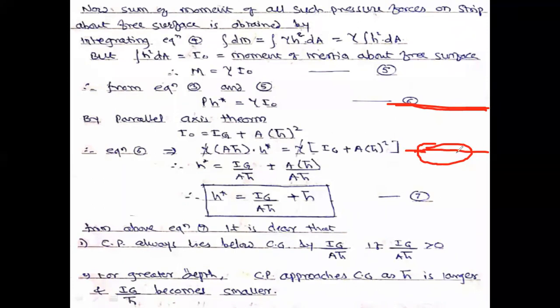Ig is nothing but the moment of inertia at the centroidal axis, plus this distance squared into the cross section area of this object, that is A h bar square. So instead of I0, I can put Ig plus A h bar square here.